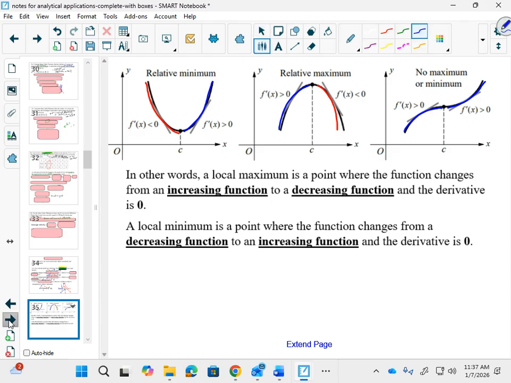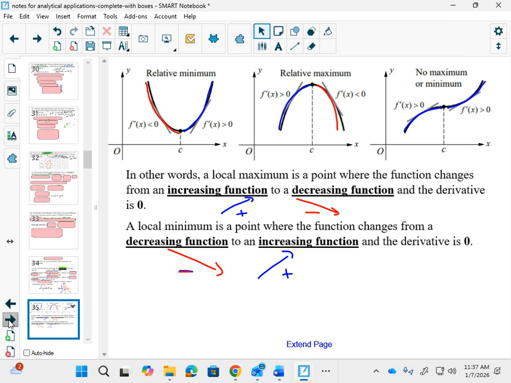Again, if you draw your sign diagram, super obvious to see it. Minimum changes from decreasing to increasing. Really obvious that it's going to be a minimum. Again, only works if it's continuous. Because we could draw an example or a bunch of examples where if you didn't make it continuous, it wouldn't work.